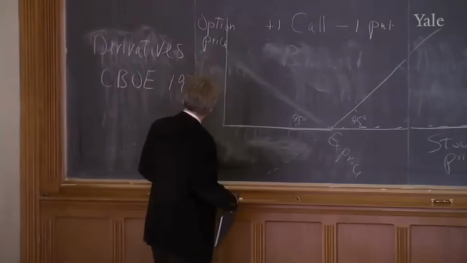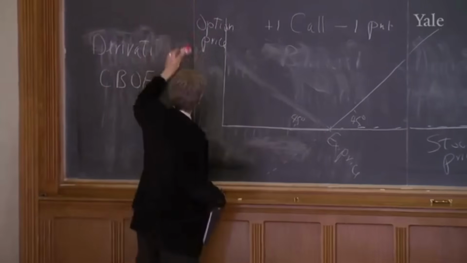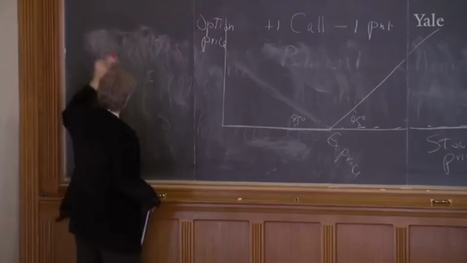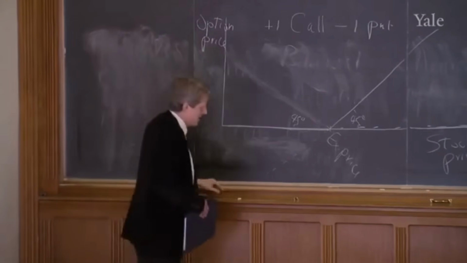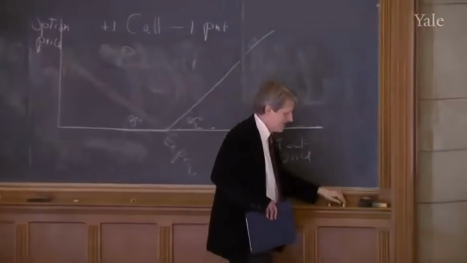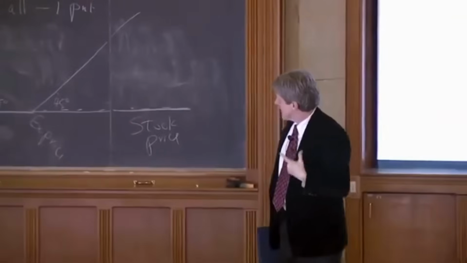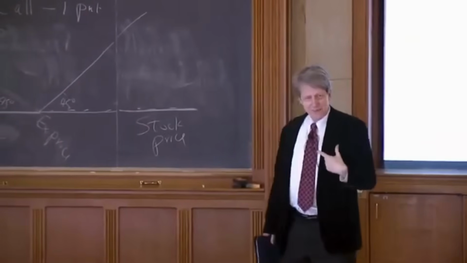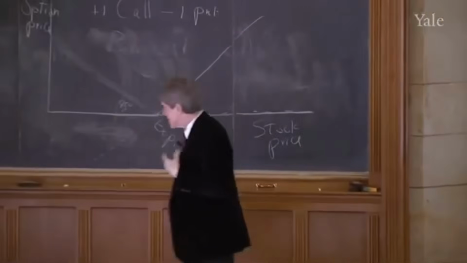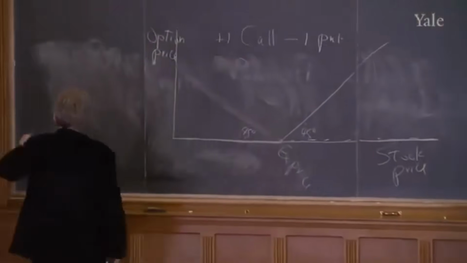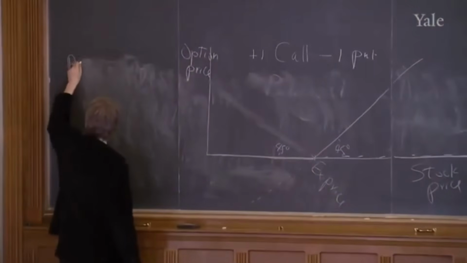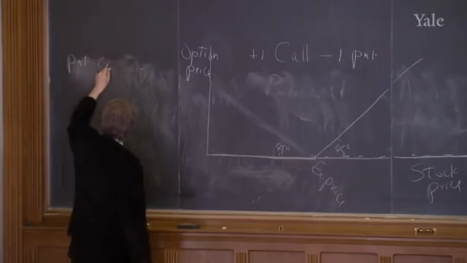That's very simple. You can see that. This leads us to the put-call parity equation. Well, if a call minus a put is the same thing as the stock minus the exercise price, then the prices should add up too, right? So, put-call parity.